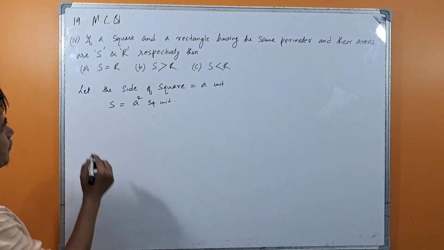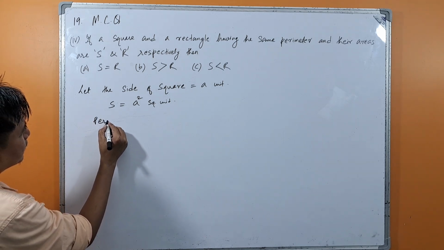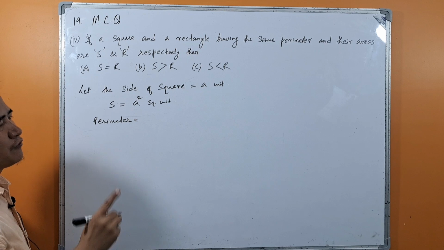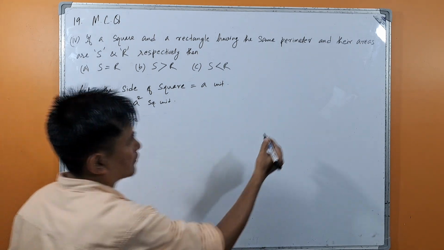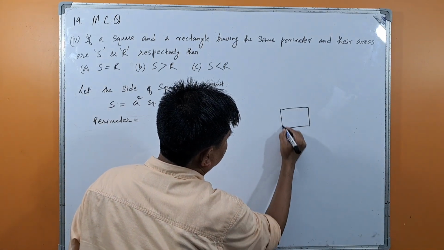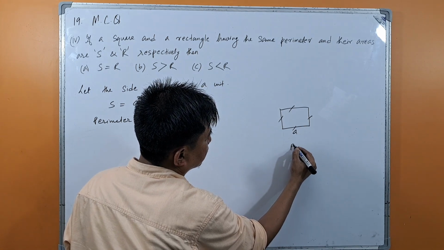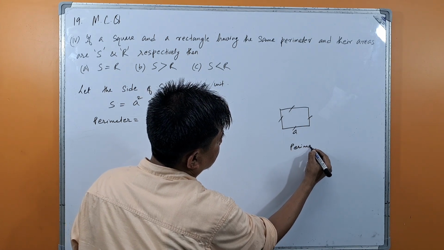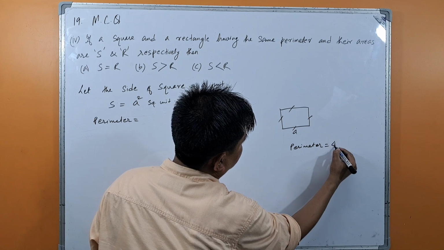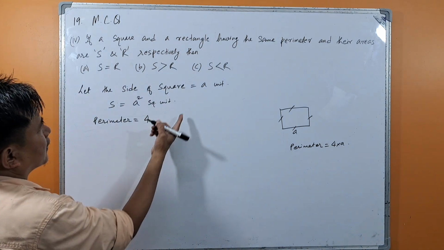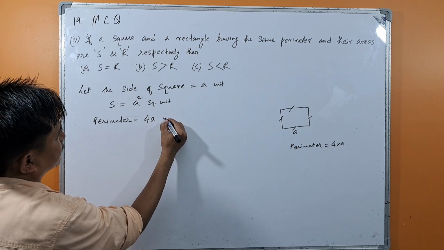Now perimeter will be, perimeter is 4 into side, because all sides of a square are equal. So if this is a, perimeter will be 4 into a, isn't it? 4 into side is a, so 4a unit.